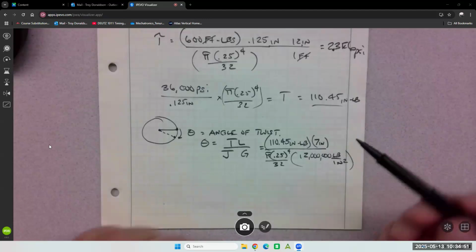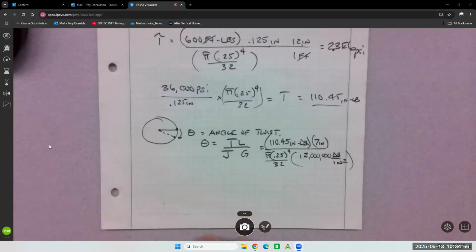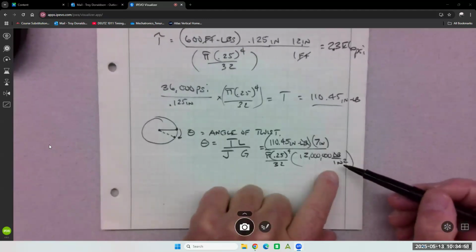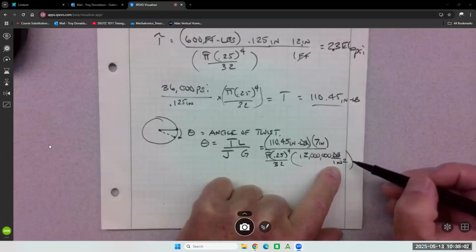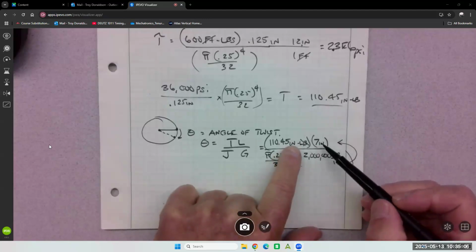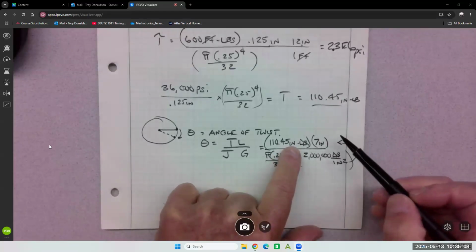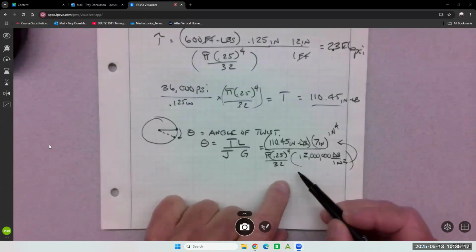Okay, so let's see if that happens. The pounds and pounds cross. Inches squared in the denominator flips up top, and we have inches squared up here, plus inches to the 4th on top, and we have inches to the 4th on the bottom.